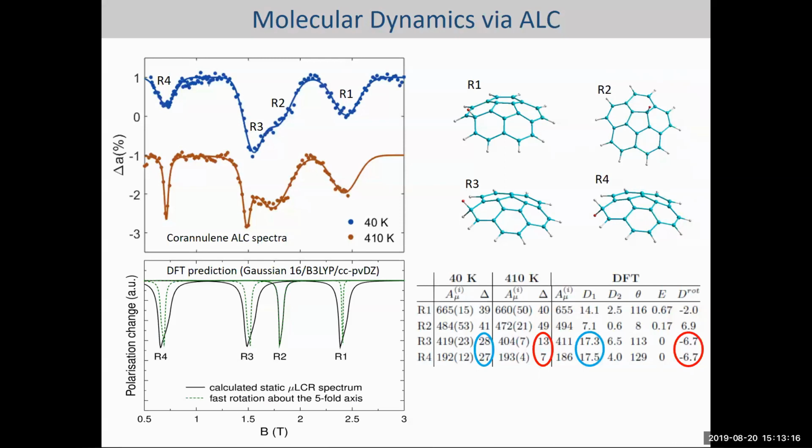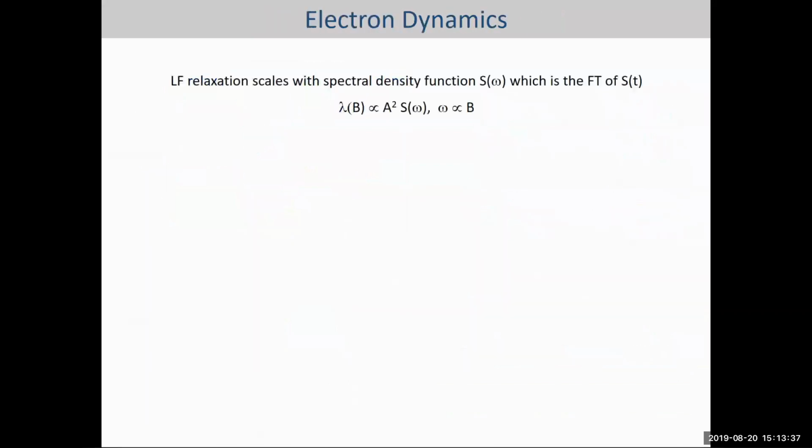And indeed, the width is similar, but in the case of the R4, it actually gets narrower by a larger factor. So one can conclude that there's actually different muonium or hydrogen dynamics in the case of R3 and R4, which is an interesting conclusion for the system.